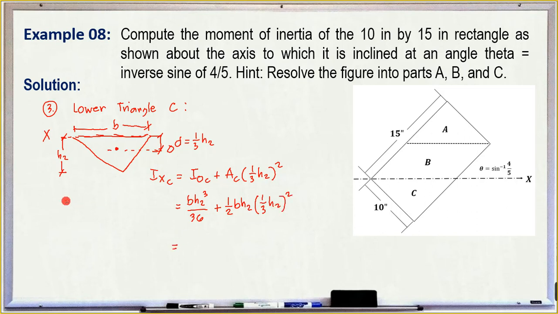So substituting, our base again is 12.5 inches. Our height 2 is equal to 6 inches.